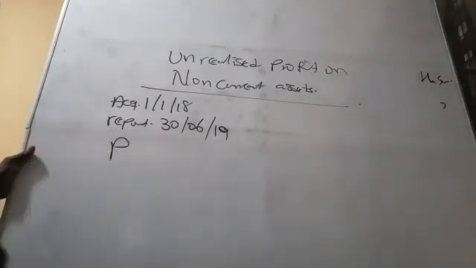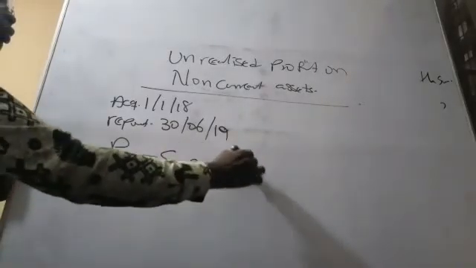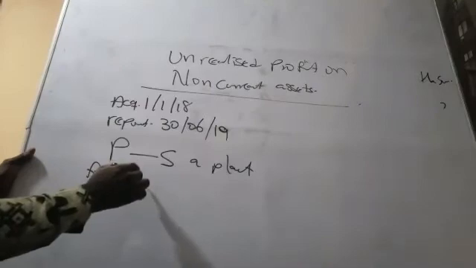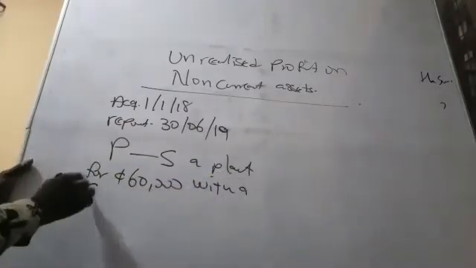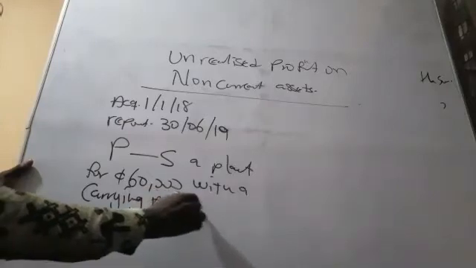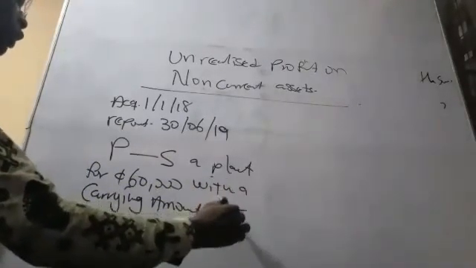So after acquisition, the parent sold a piece of equipment or plant to the subsidiary for 60,000 with a carrying amount of 50,000 cedis.